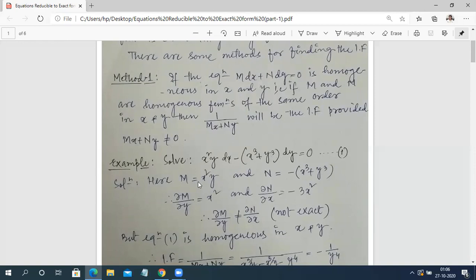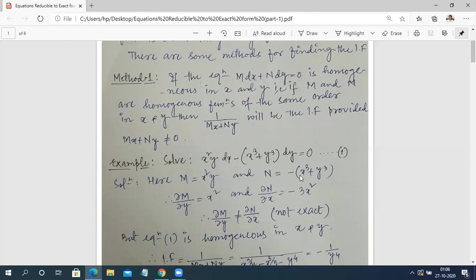So let's check. M is x square y, so del M upon del y will be x square, because we are partially differentiating this with respect to y. So we will consider x as constant, so this value will be only x square. Del y upon del y is 1, so this value is x square.